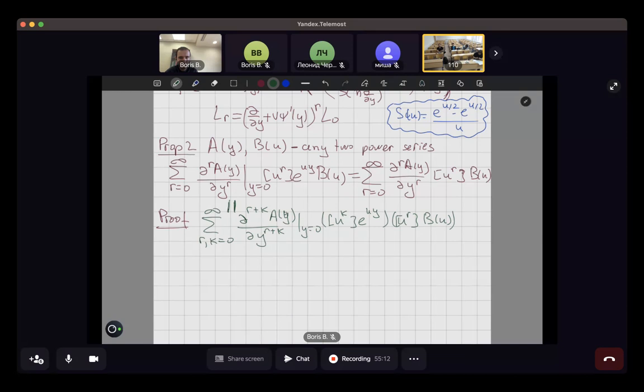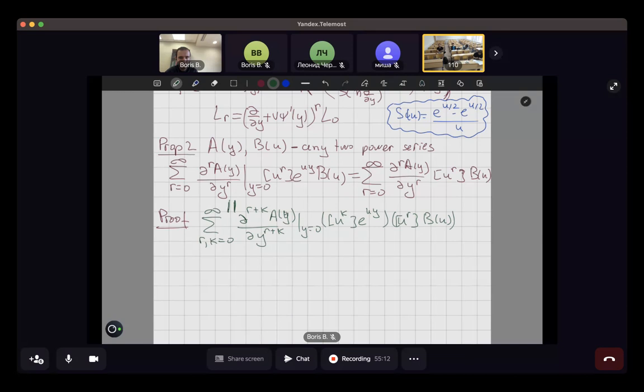Давайте я это напишу. Expand the exponent. So we obtain the sum, at y equal to 0, y to the power k over k factorial and u to the power r b of u. Окей. Ну а теперь давайте посмотрим, что тут написано.